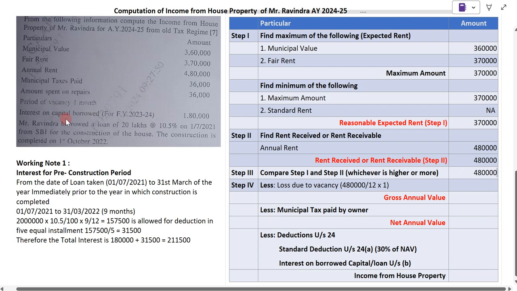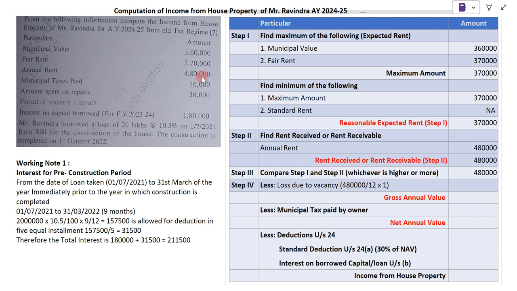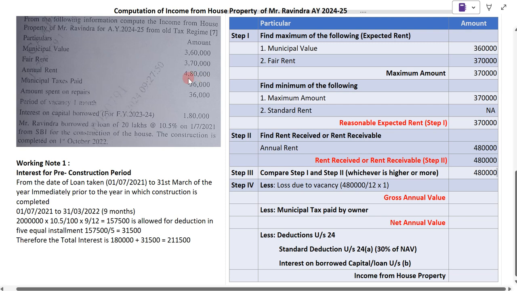What is the actual annual rent for the entire year? The annual rent is 4,80,000. Now we have to find it per month. For annual it is 4,80,000, so what you will do is 4,80,000 divided by 12 and multiplied by 1. So how much will we get?